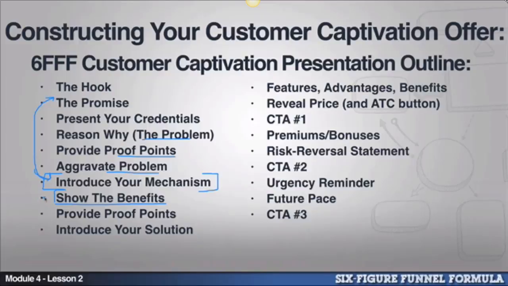And so here is where, at this point in the VSL, we're now showing them this is connected to the promise. Like when we said earlier, there's this new investing vehicle that will allow you to double your net worth in 5 years. And what you're going to find in the rest of this video is a simple system that you can use right now to get started with this new investing vehicle, so that in the next 60 months, you see your net worth double or more.